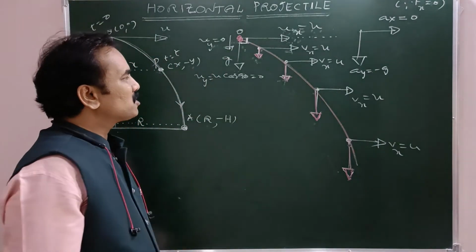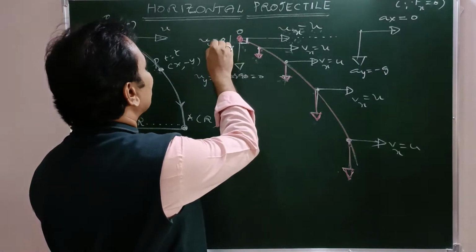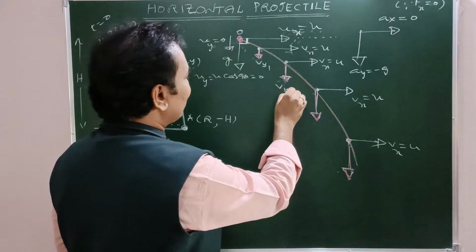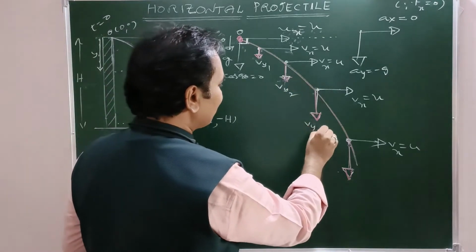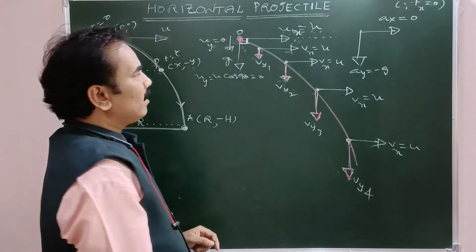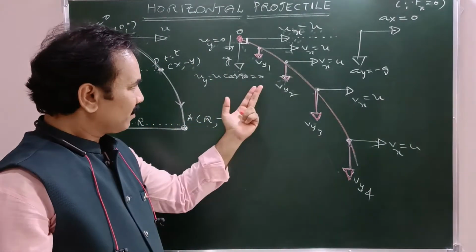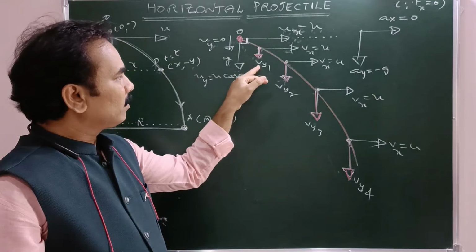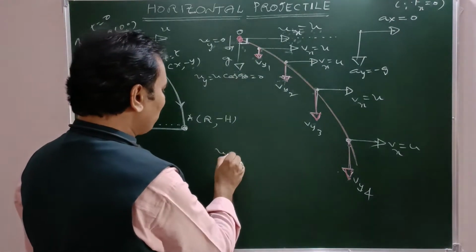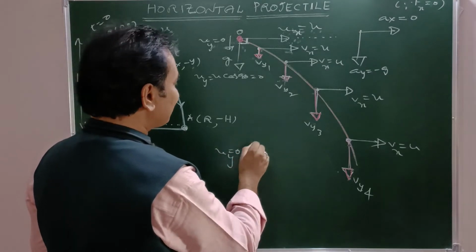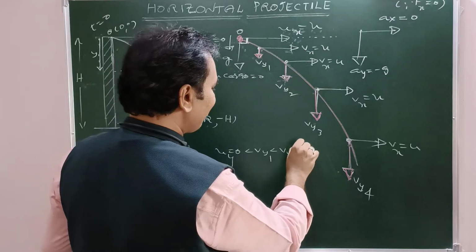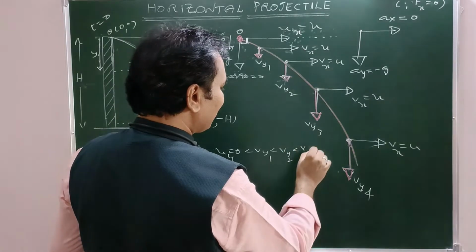Now what about vertical motion here? Suppose Uy is 0 here. Here it is Vy1, here Vy2, here Vy3, here Vy4. Now assign the values of the vertical component of velocity. Uy is 0, less than Vy1, less than Vy2, less than Vy3, and so on.